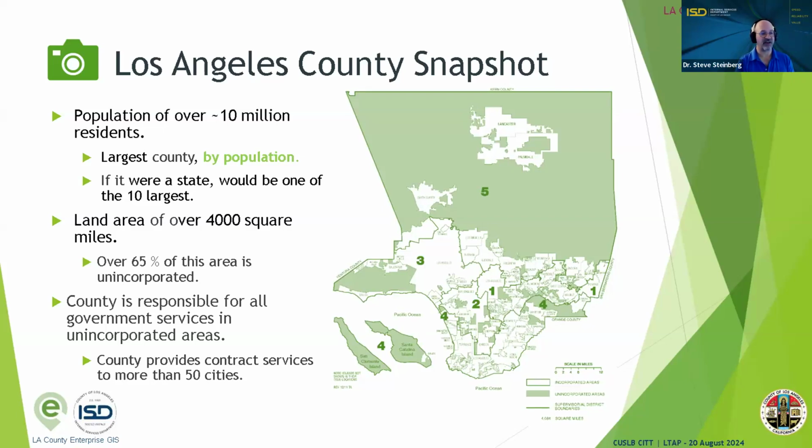We also provide contract services, primarily sheriff and fire, to more than 50 of our cities out of the 88. We also obviously do countywide public health and elections and a whole bunch of other things. So lots of stuff going on in county government, as you would expect.